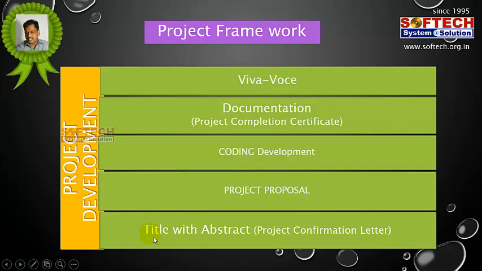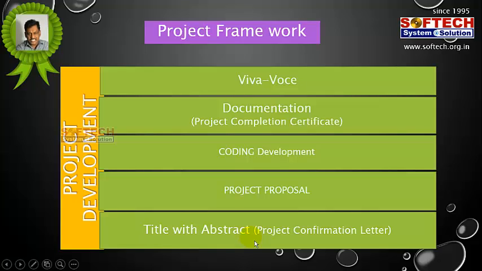Based on that domain, the student can select the IEEE paper if doing an IEEE project. Otherwise, the student wants to find the problem from the organization if it is a real time project, or from the IT company. So the first stage is that the student wants to find the problem.